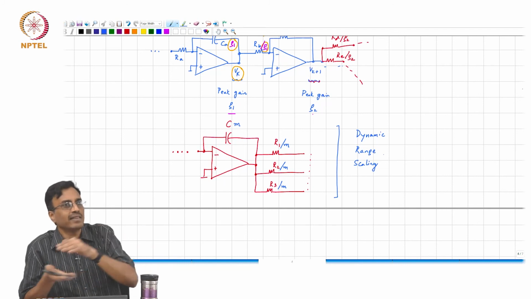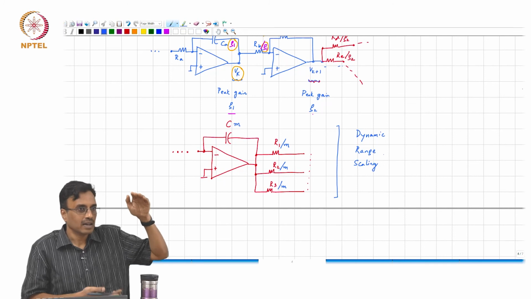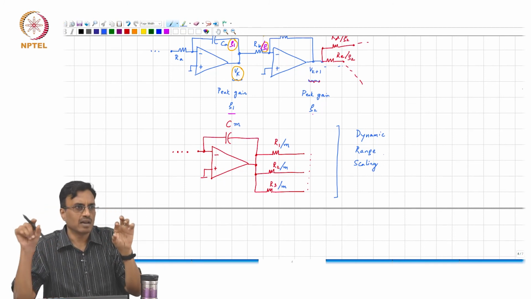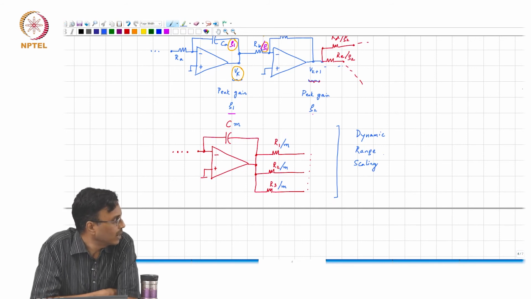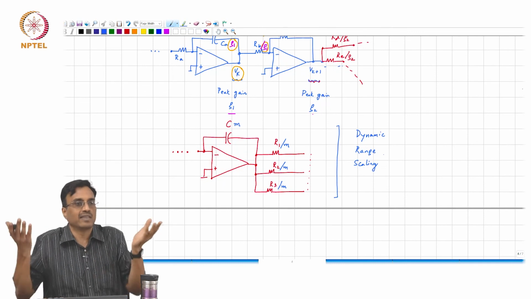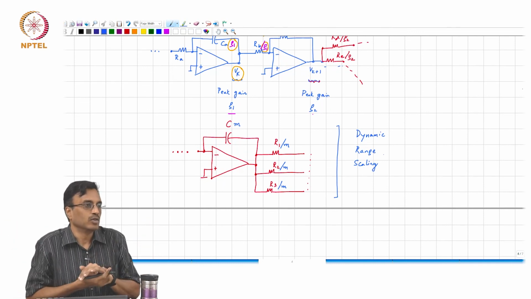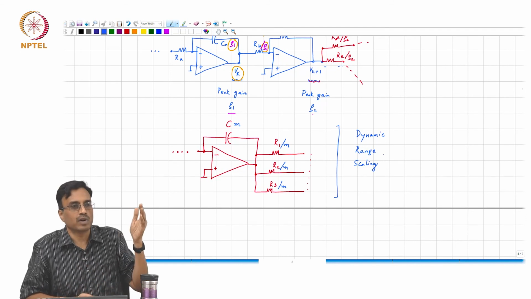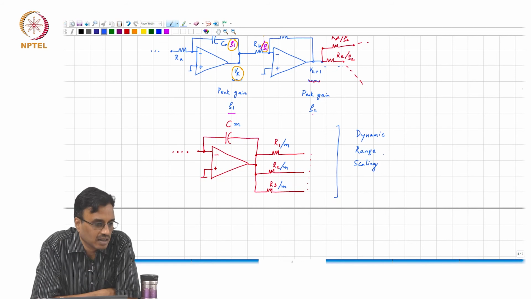Now you unnecessarily seem to have a large range, right? And the outputs of every op amp are swinging very little, right? And it turns out that you will see why. I mean, on the face of it, it doesn't seem bad, right? I mean, what is the problem? You have an input range which is much larger than the signal level that the op amp can handle, right?